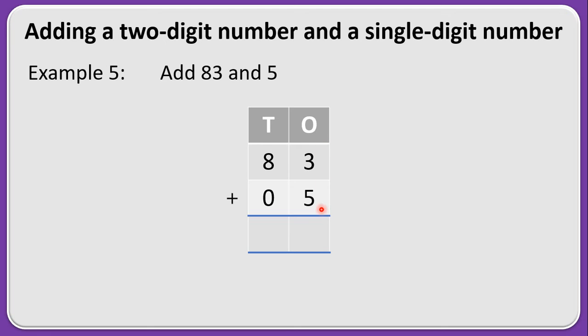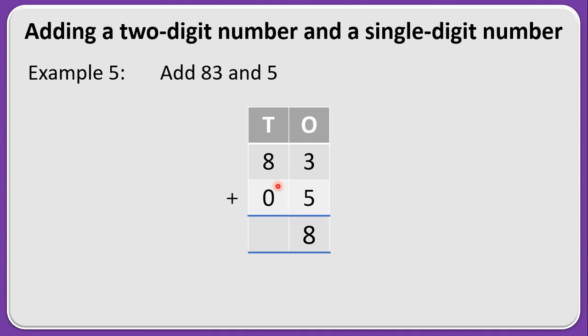Now let us see how to add a 2-digit number and a single-digit number. After writing down like this, you know how to proceed. Now we will add 3 and 5. That is, 3 plus 5 is 8. So we will write it down in the ones column. And in the tens column we have 8 and 0.